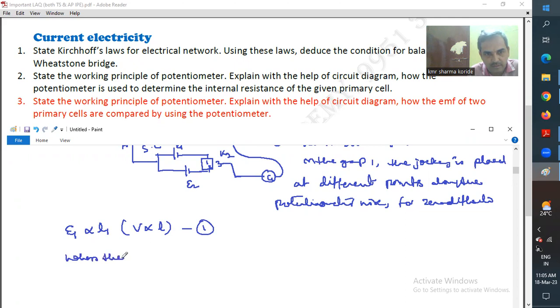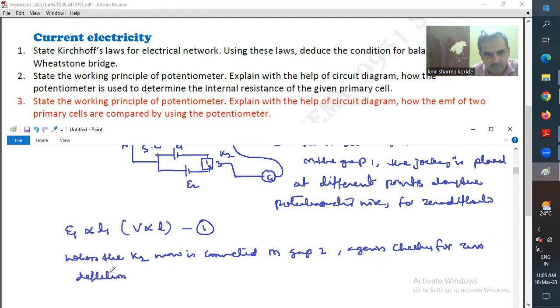When K2 is now connected in the gap 2, again checking for zero deflection in the galvanometer, placing the jockey at different points.